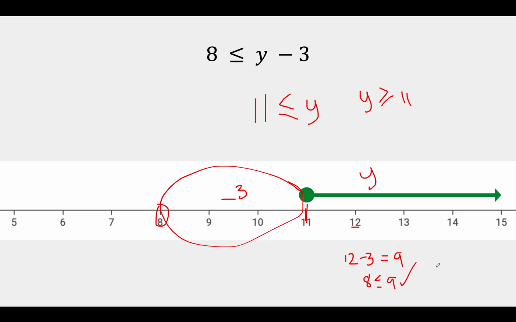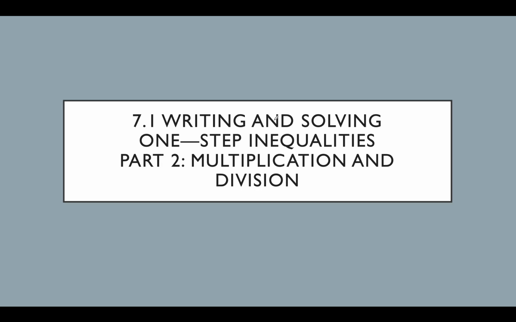You could go ahead and put in 100. 100 minus 3 is going to give us 97. Is 97 greater than or equal to 8? Yes, so that's true. You could do this all the way up to infinity. So that's how you would solve this inequality. And in our next video, we will go through and work on the multiplication and division.